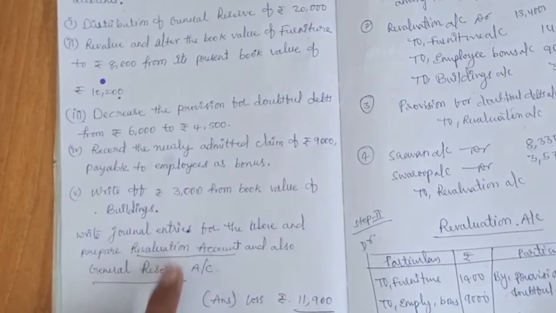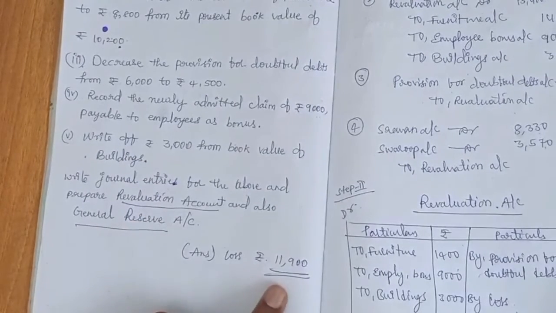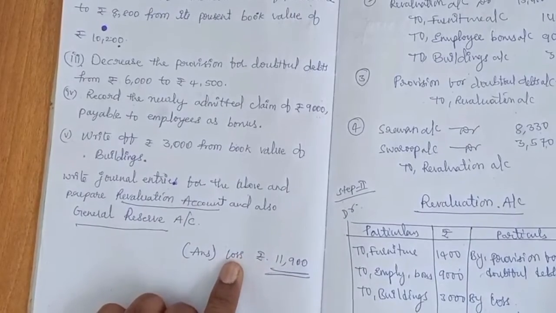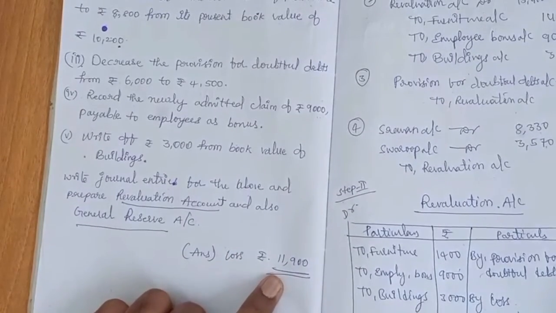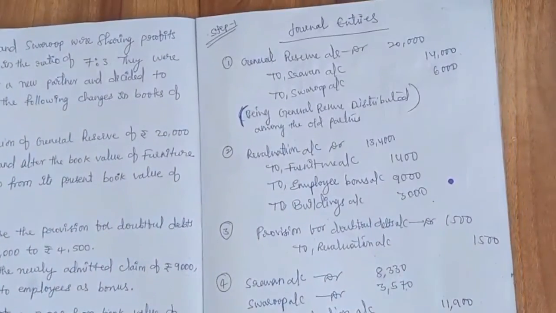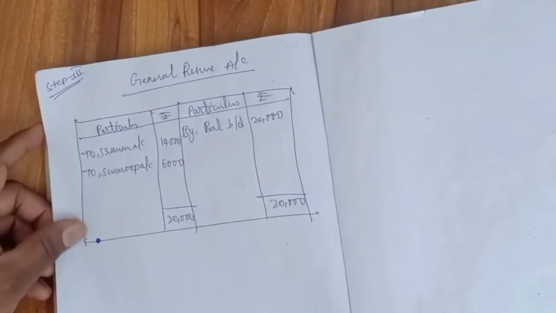Step number 2, revaluation account. Step number 3, general reserve account. And you also got the answer here. Correct answer 11,900 loss, right? Now the loss has been shared by the old partners. So this is how you have to prepare all the entries and revaluation account and general reserve account.